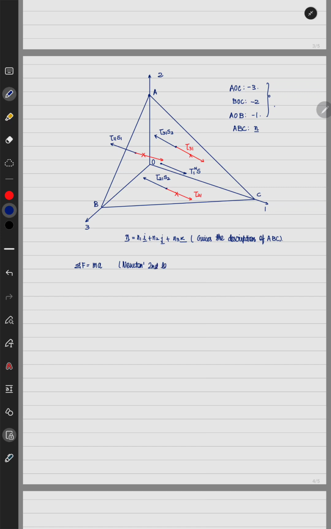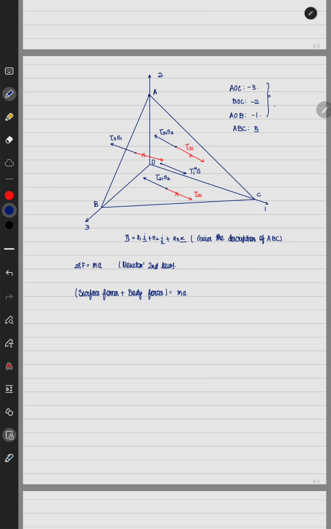So the sum of all forces constitutes surface forces plus body forces, is equal to mass into acceleration.